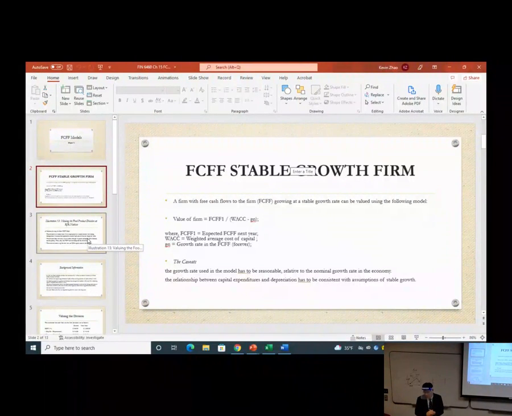Or you can do a two-stage model, or another model, 3-stage, 4-stage, you name it, also called the H model, when the company has a high growth rate. A 2-stage model looks like this. This is the growth. Let's say for the first 5 years, I have a high growth rate, and starting in the 6th year it declines to a low 2.5%.